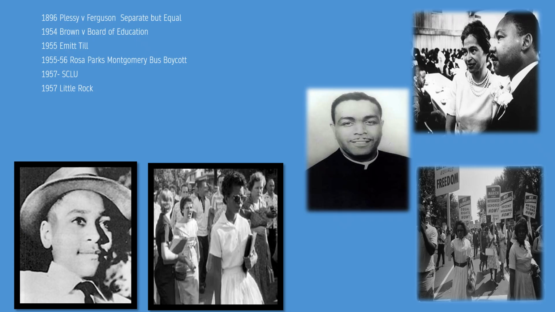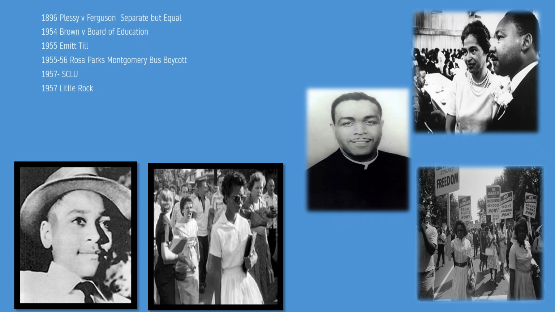They're accusing a 14-year-old boy of whistling at a white woman, and this is enough to brutally kill him. The two people who killed him, Bryant and Milam, are put on trial for murder. There's all this evidence that they did it, but it's an all-white jury. It's in the South, and they come back not guilty.